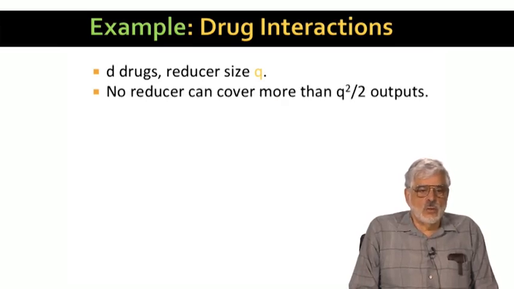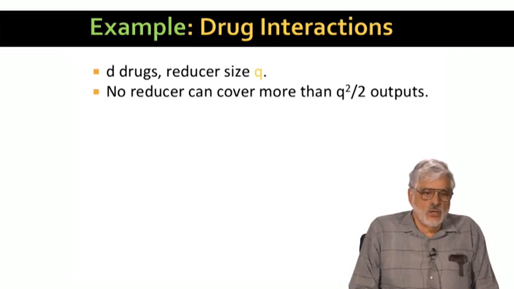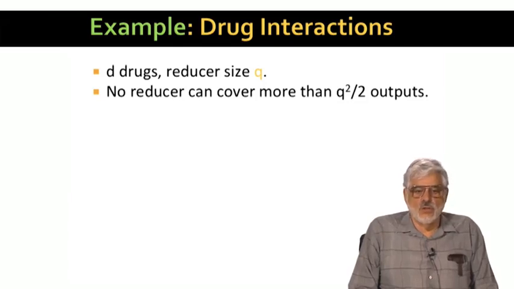First, the critical observation in all lower bound proofs is to put an upper bound on how many outputs a reducer can cover. In this case, the reducer gets q drug records as inputs. The only outputs it can cover are the pairs of drugs that it has received. There are q choose 2 of these, which I'm going to approximate as q squared over 2.